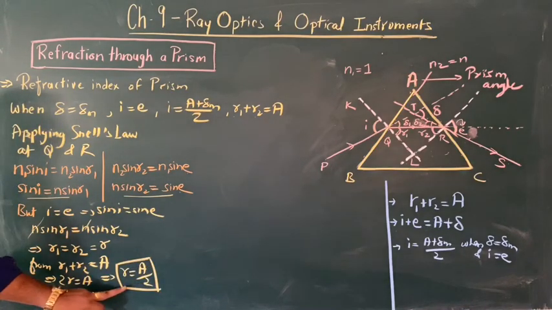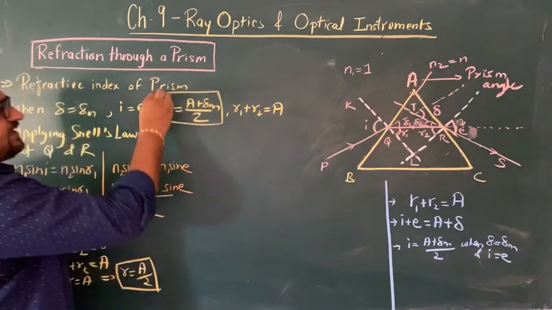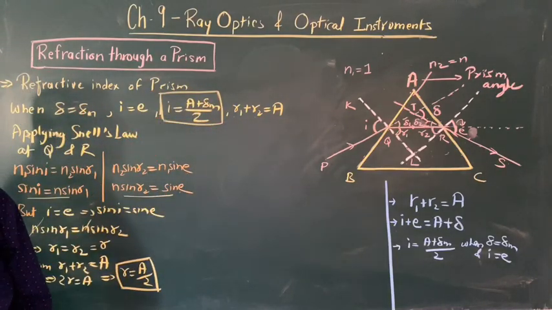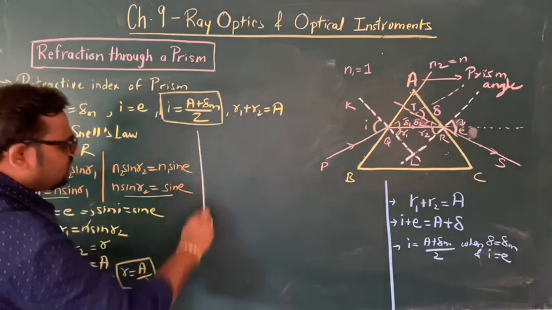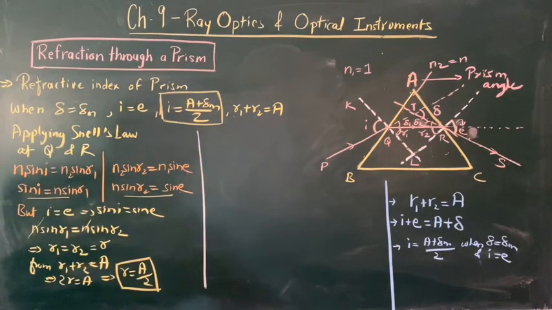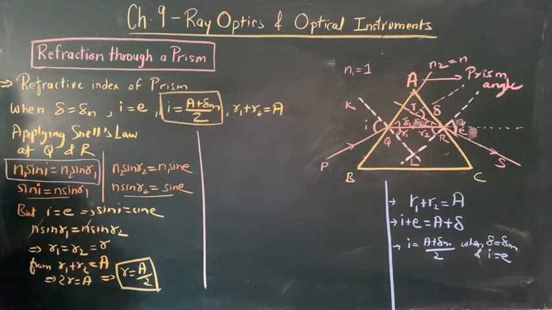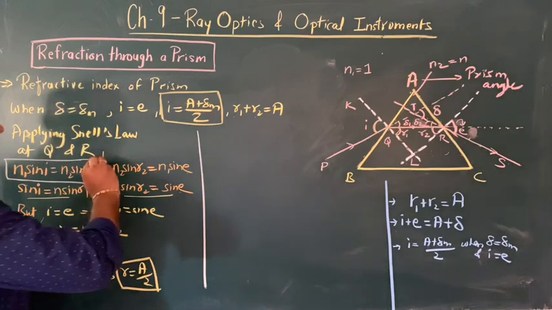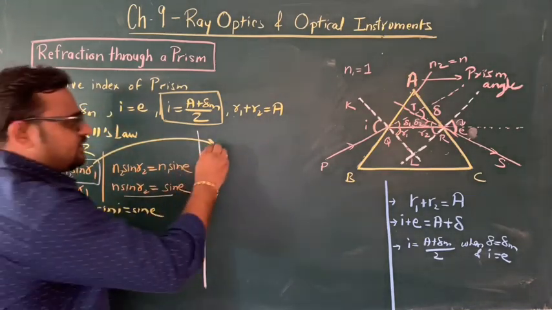Here R is equal to A by 2. I also have the angle of incidence I equal to A plus delta M by 2. So now when I take this Snell's law at point Q, okay, when I take this equation, what is N1? 1.